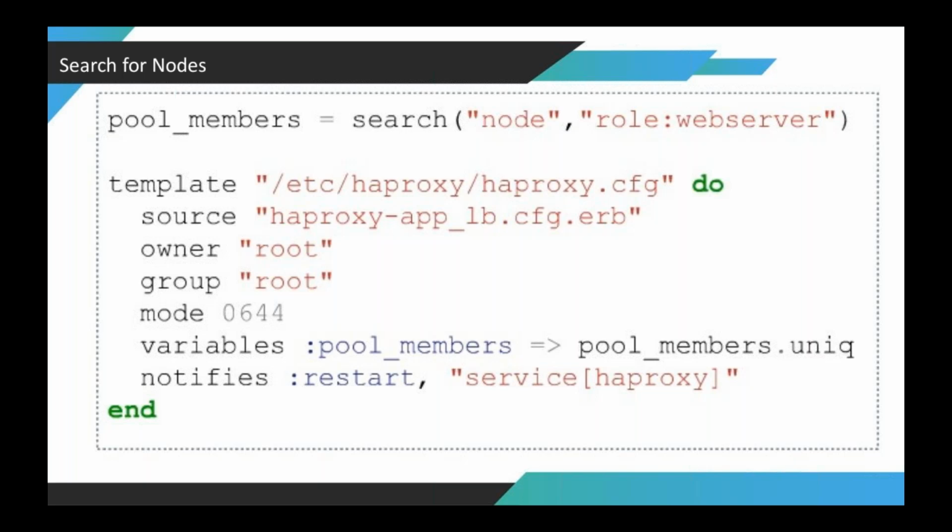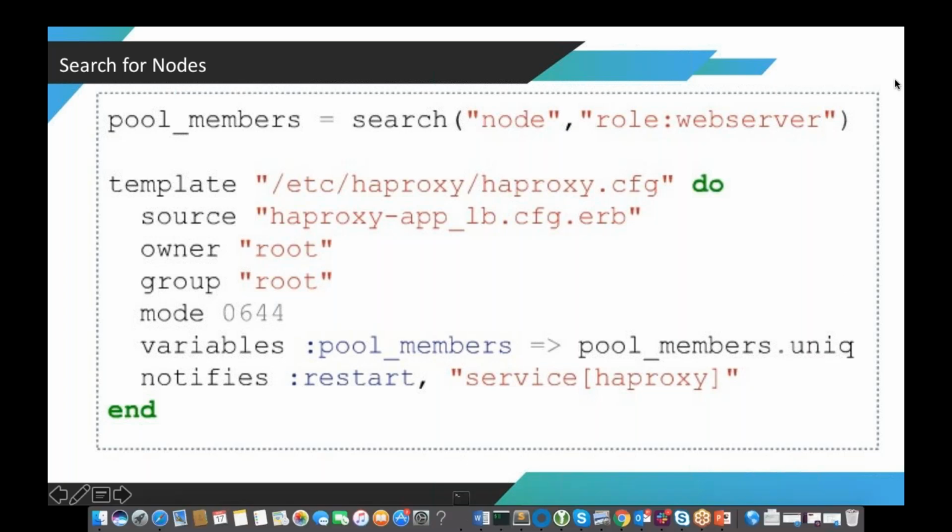So what you can do is create a cookbook which performs the search and identifies all the web servers with the role of web server. This can be in the form of a tag.